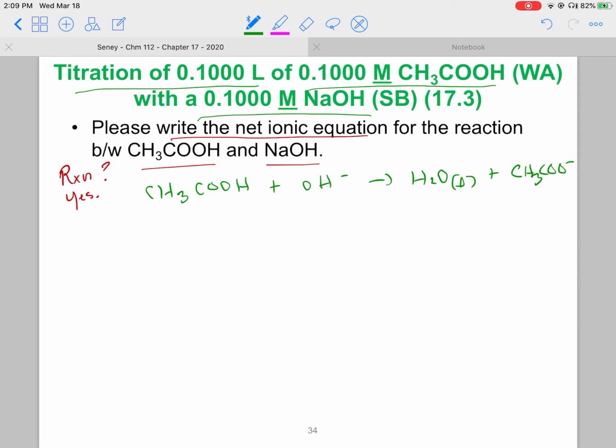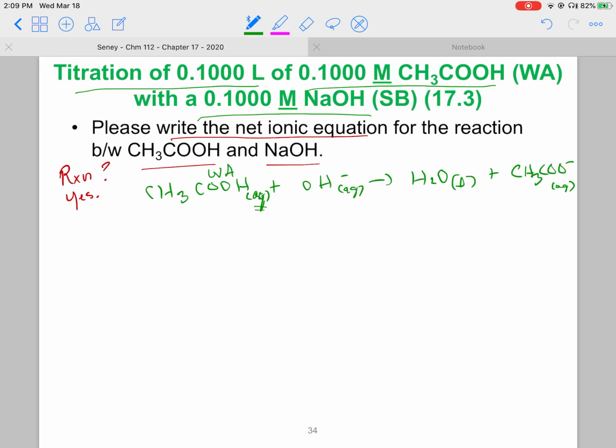So notice that I've kept my acetate intact, because that lets people know that that is a weak acid. So if a scientist were to read that, they would say, oh, it only partially dissociates. So some of it dissociates and some of it stays together as acetic acid. And then you can see the rest of these phase labels. So that's what your net ionic equation would look like. That's what the reaction is.